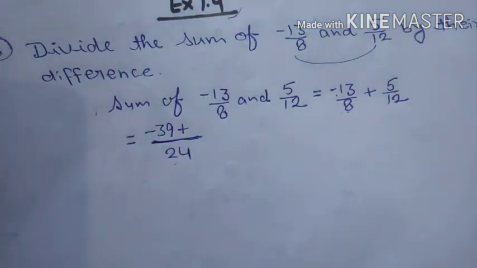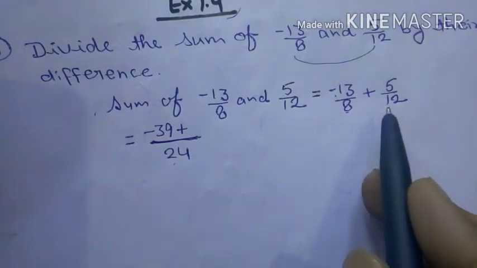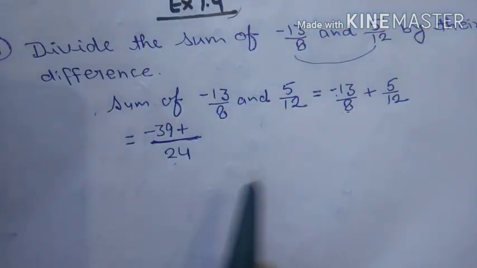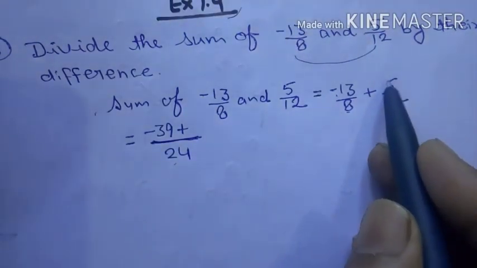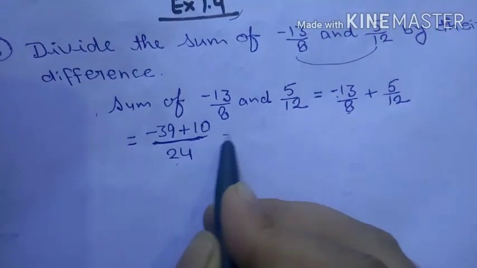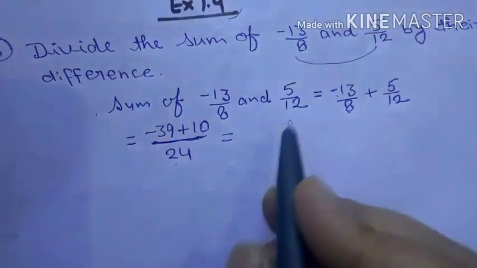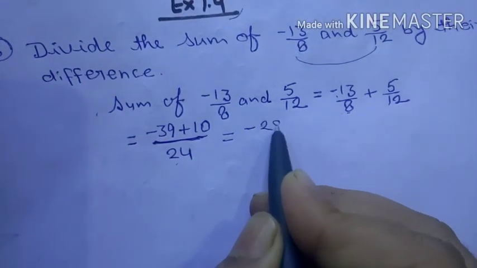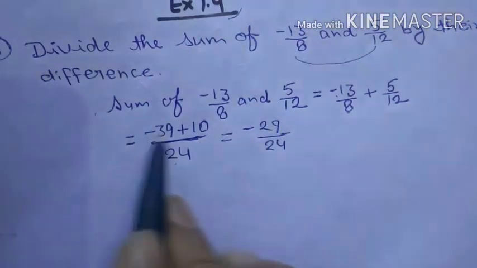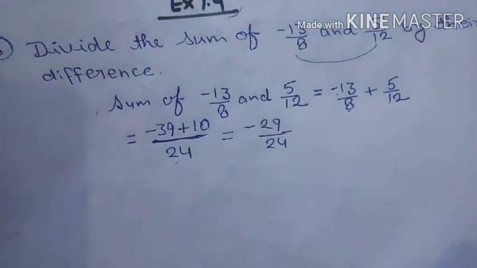Plus, now we divide the LCM by the second denominator 12 and the result is 2. Multiplying by the second numerator, 2 fives are 10. So here you can see minus 39 plus 10, so the result is minus 29 upon 24. If we add these two rational numbers, the result is minus 29 upon 24.